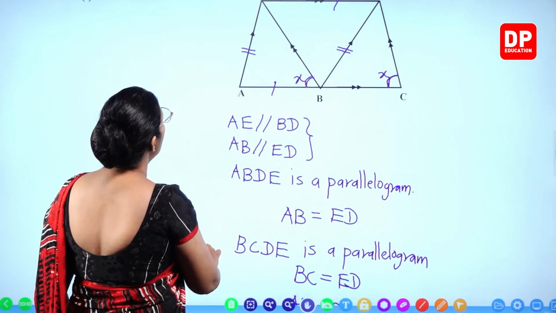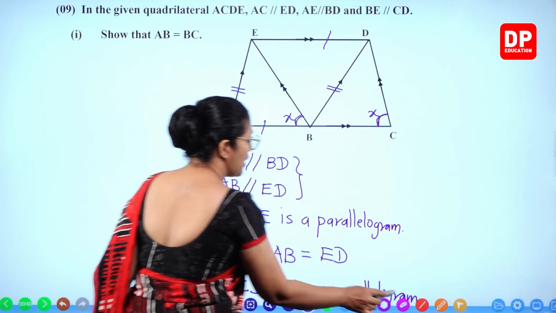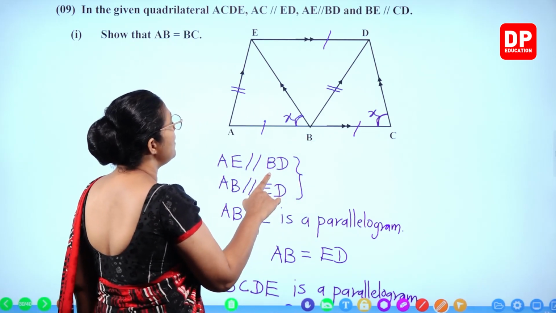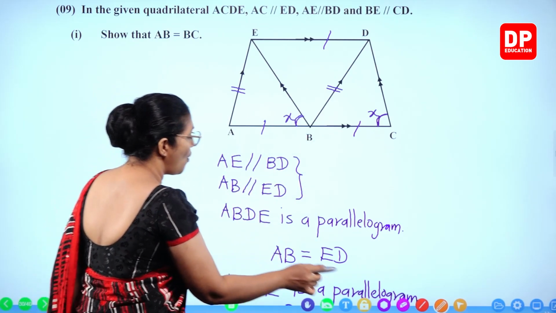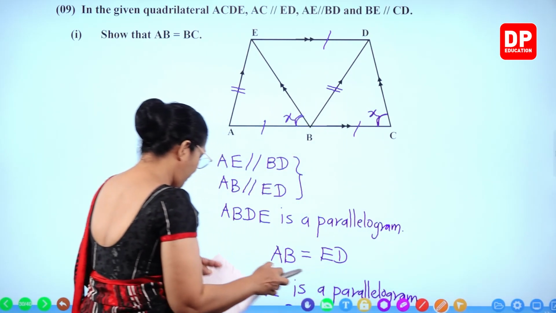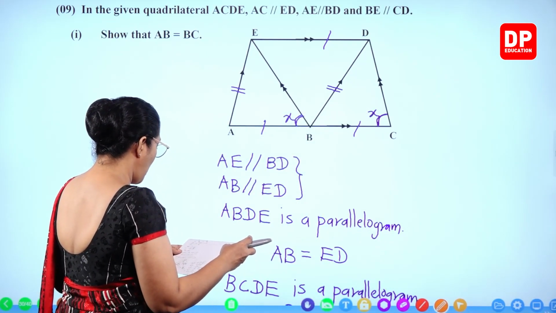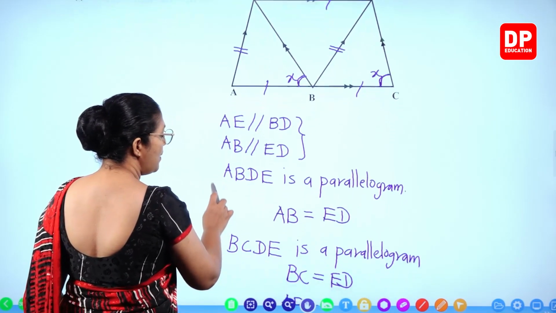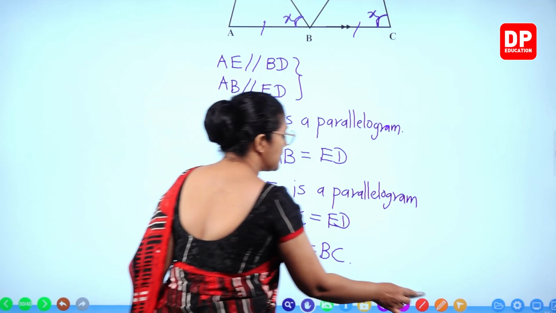So that's the first part. So we can say all these are equal. AB is equal to BC. How many marks for this part? You are getting 4 marks for showing that AB equals BC.